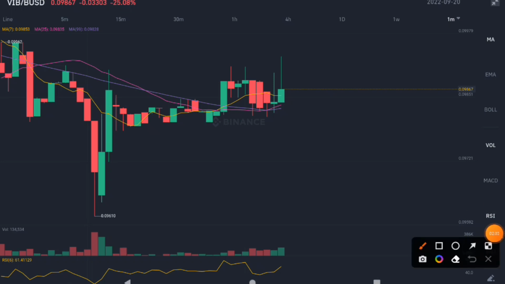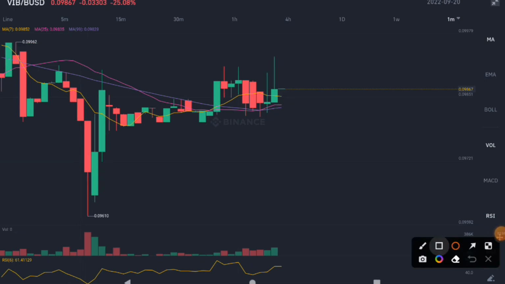So let's wait for this candle to be what? Closed. Now it has closed. Can you see it? A new candle has opened. Look at what I'm saying. A new candle has opened, which is this one right here. That's a new candle that has been opened right now.